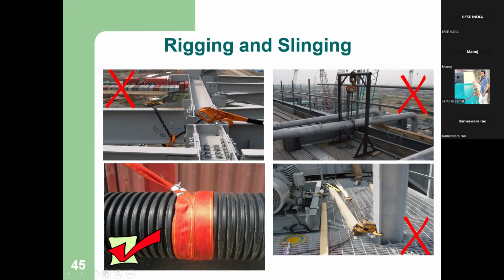So there are chances that if this hook comes out, automatically the whole thing will fail. The second thing you can also see, this is a temporary structure that is being used without securing it. In the third picture also you can see it is put on the hook. If this hook fails for some reason, then your lift will fail. So this kind of temporary arrangement should not be there. Makeshift should not be made there.